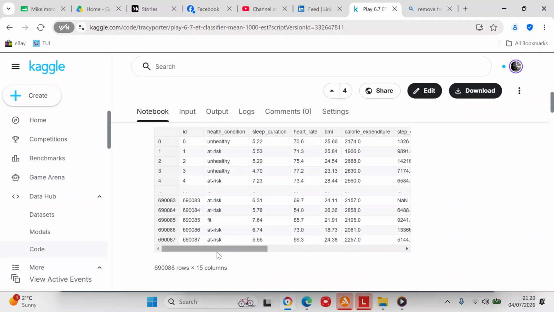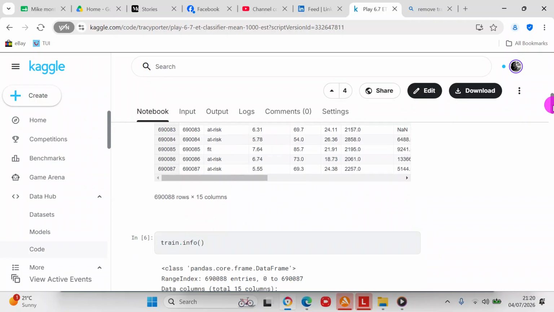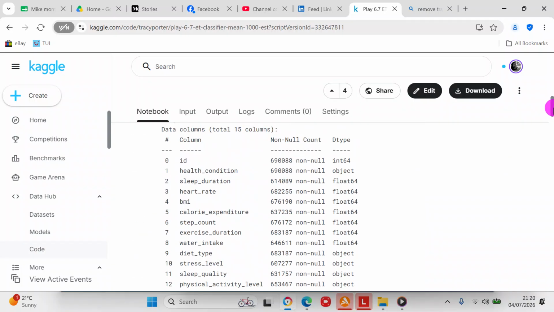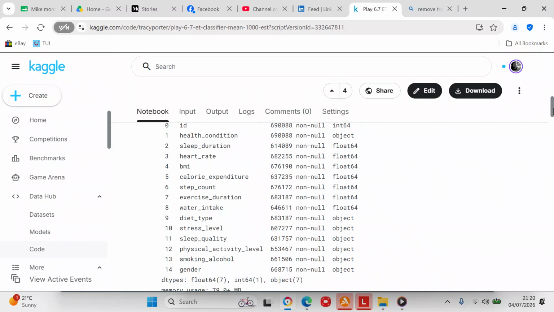So instead of the health condition being at the end of the data frame, which is normally what it is, in this situation, the health condition is going to be at the beginning of the data frame, and we have 15 columns of data.